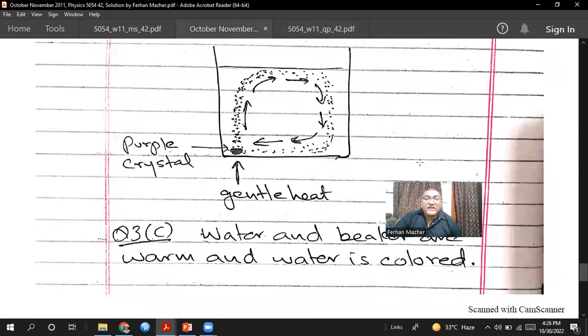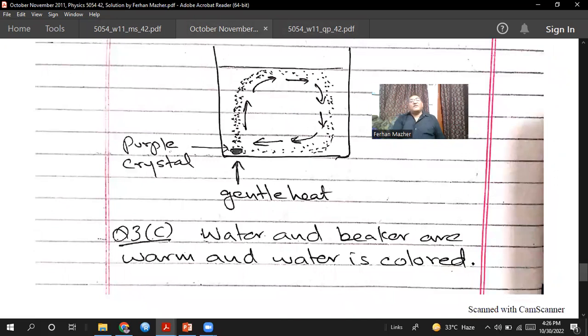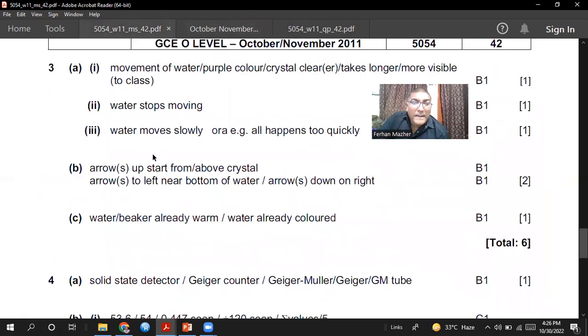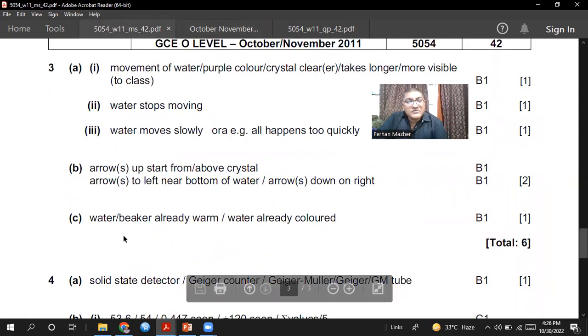The water and the beaker are warm and the water is colored. That is the reason we will not use the water which was used in the previous experiment. We always use fresh water and a new beaker. So this is the answer.